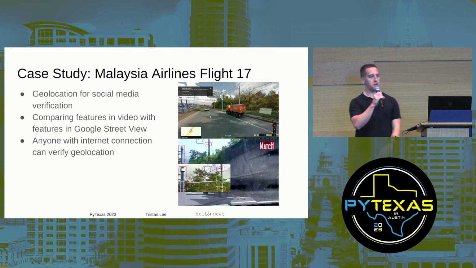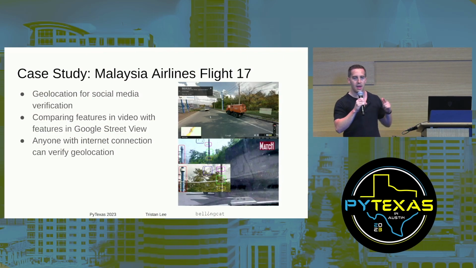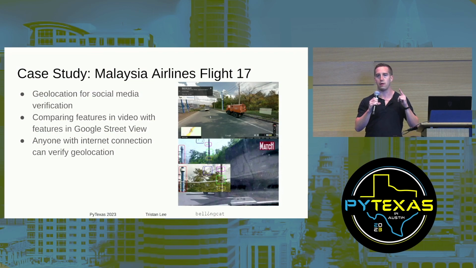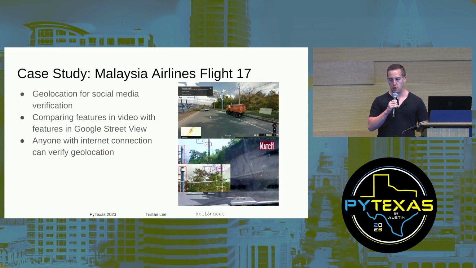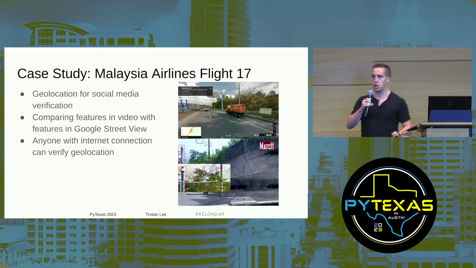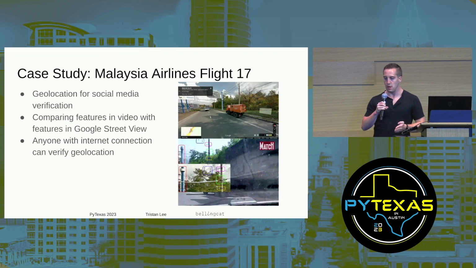So luckily, there are some well-established methods for investigating each of these points, but we don't have a ton of time for that, so let's just focus on one of them. Is the location where the post claims the actual location of the video? So what we see here, in the top, we have a screenshot from Google Street View, and at the bottom, we have the video of the missile launcher.